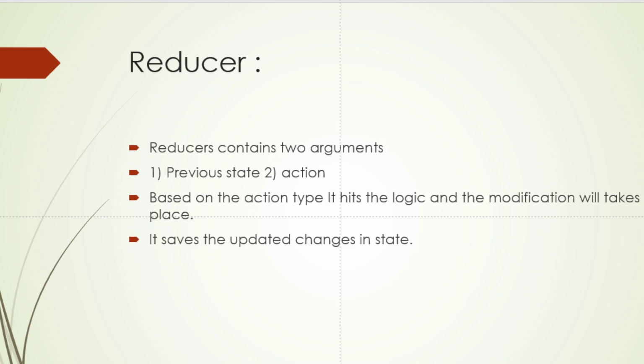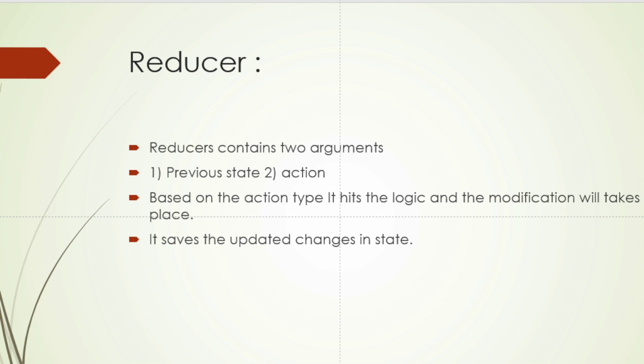In the reducer, if you want to modify the data, previously we have data and I want to make some modifications to that data. So the previous data has to be carried, and we carry that in the state. The state carries the previous information. Now when I want to update, the payload coming from the action is used to modify the previous data based on the updated thing we are passing.